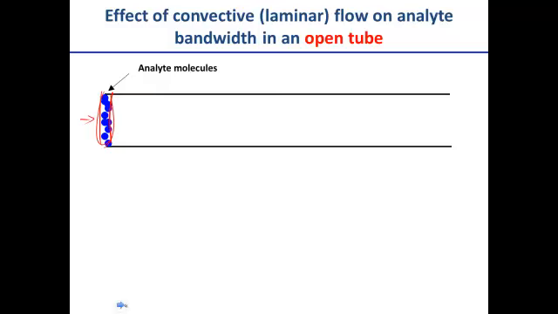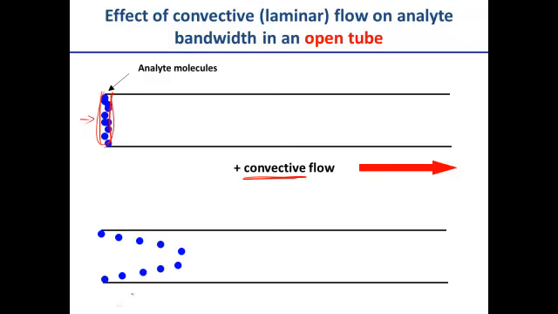Then when we turn the flow on and we push these molecules through the tube by convection, so this is pressure-driven flow, these molecules are carried by the moving mobile phase. What we know from experiment is that the molecules near the wall of the column move very slowly.